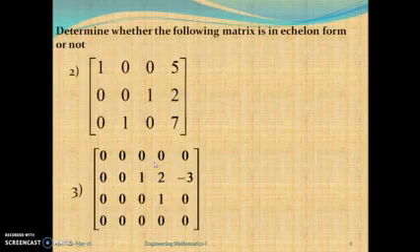Now take the second example: check whether it is in echelon form or not. Let us check all the properties. There are no zero rows.